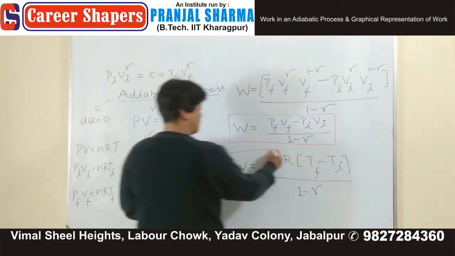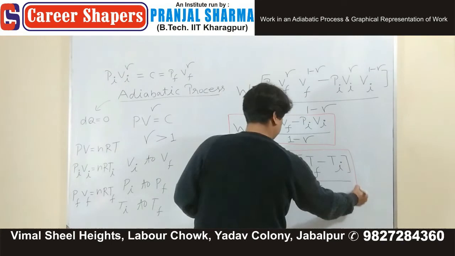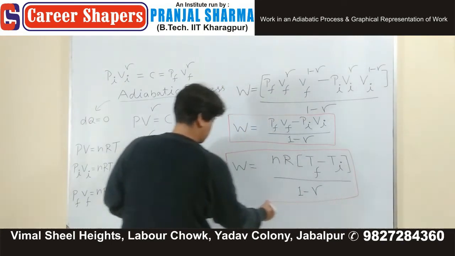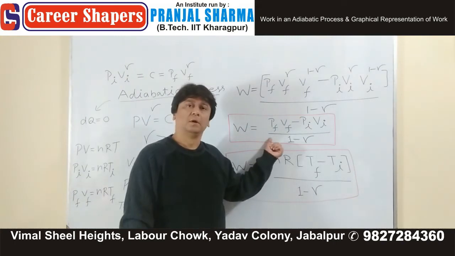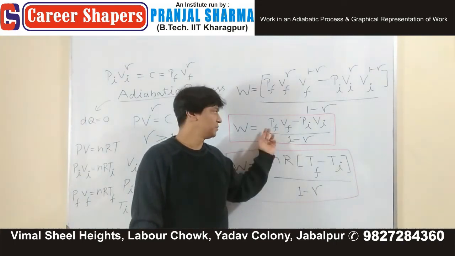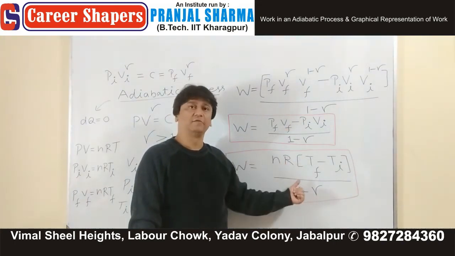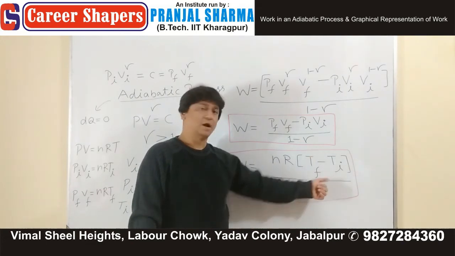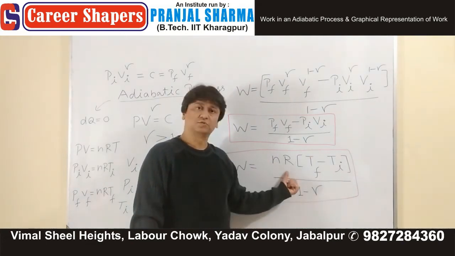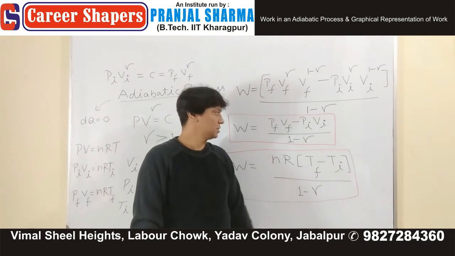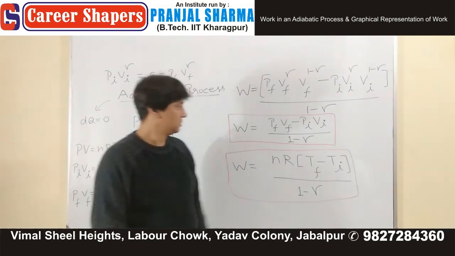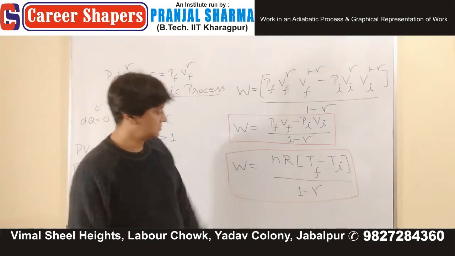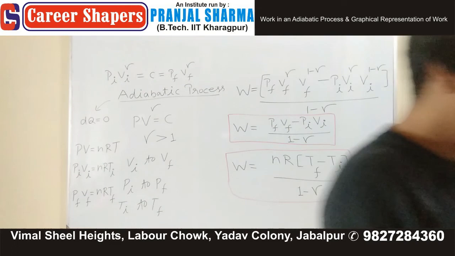Just remember one of the formats. In this one, simply replace P final V final with nRT final, and this one with nRT initial, and you get this work in terms of temperature. Easy and important derivation, and these are important results. Note down this.